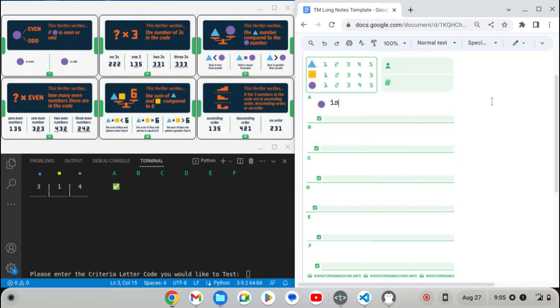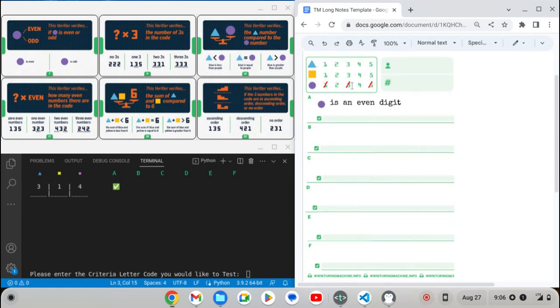Circle is an even digit. And since it is even, I can cross out all the odds, so crossing out 1, 3, and 5. Okay. So I'm looking at all my choices.